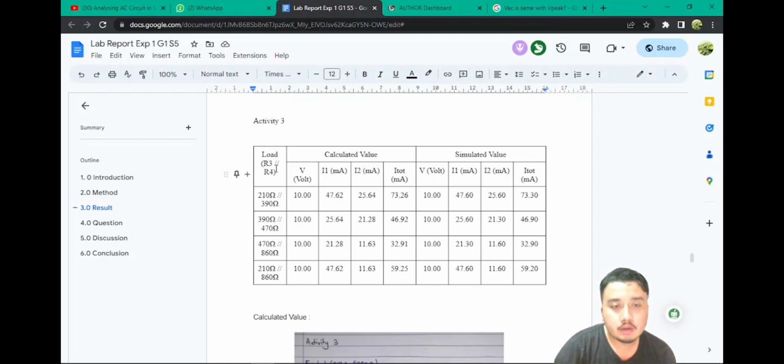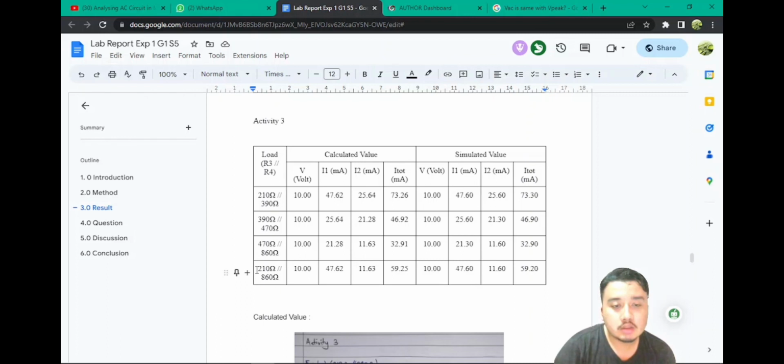And the load for activity 3 is in parallel, which is R3 in parallel with R4. The first one is 210 ohm parallel with 390 ohm. The second one is 390 ohm parallel with 470 ohm. Then the third one is 470 ohm parallel with 860 ohm.